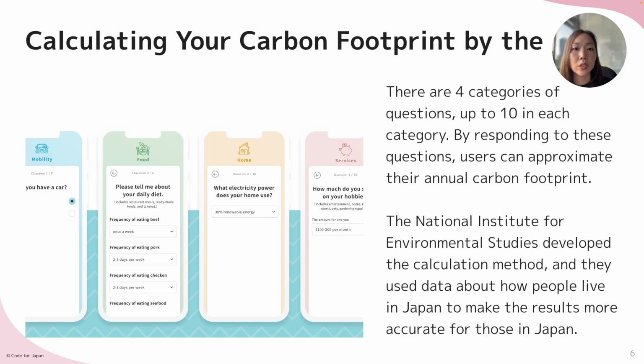The National Institute for Environmental Studies developed the calculation method, and they used data about how people live in Japan to make the results more accurate for those in Japan. Basically, the app is for people who live in Japan. Currently, the app is only in Japanese, but maybe English and Chinese will be added.